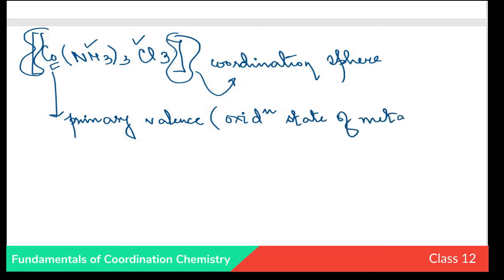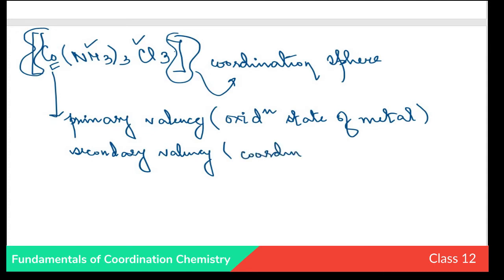And there is another valency which is used, that is a secondary valency, which we shall discuss later on. But just for the definition's sake, we might write it down here. That is, secondary valency refers to the coordination number of a metal. What is a coordination number? That also we'll discuss later. So we have one primary valency and one secondary valency.